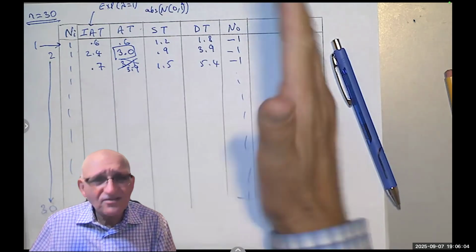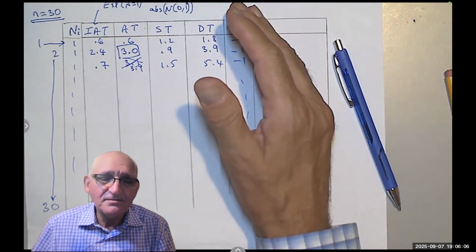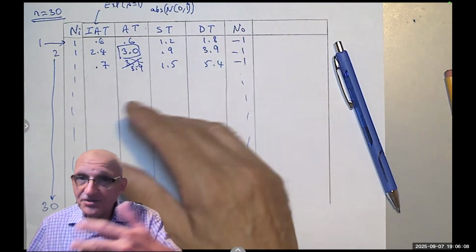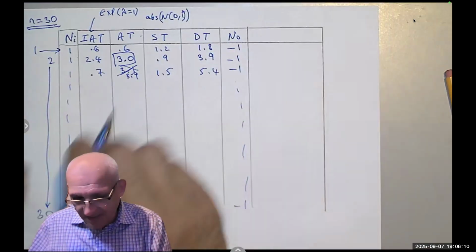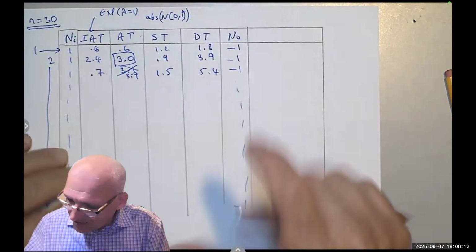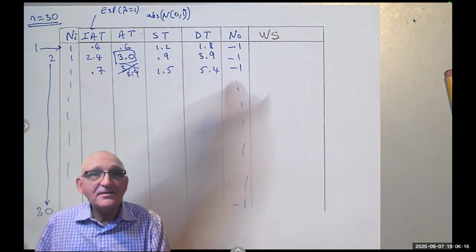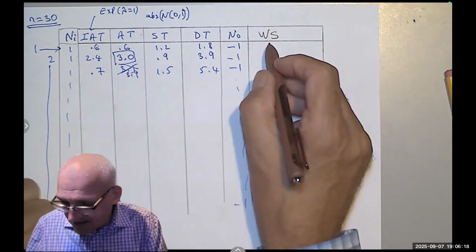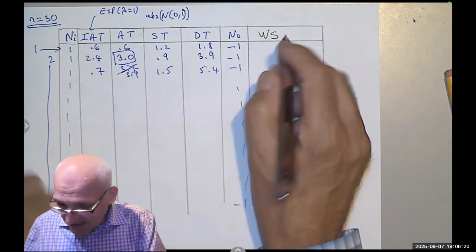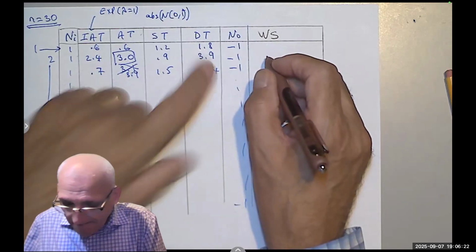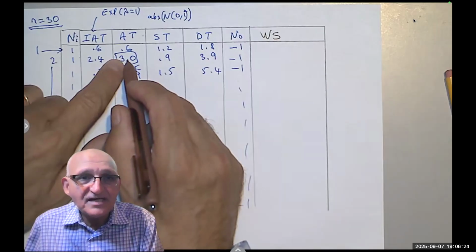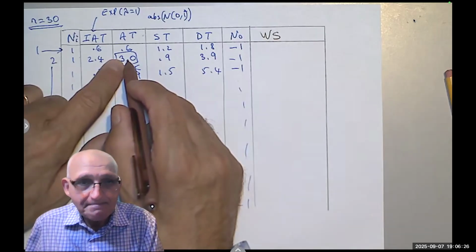Sometimes you can add another column. I don't want to make it more complicated, but if you are writing it, you can add a column here. I'm not going to add it, but you can say, okay, waiting time in the system, WS, waiting time in the system. And all of this is departure time minus arrival time. Okay?